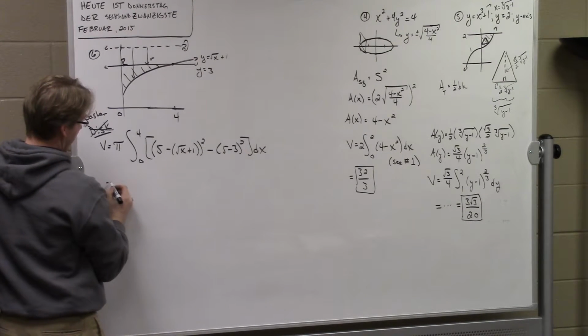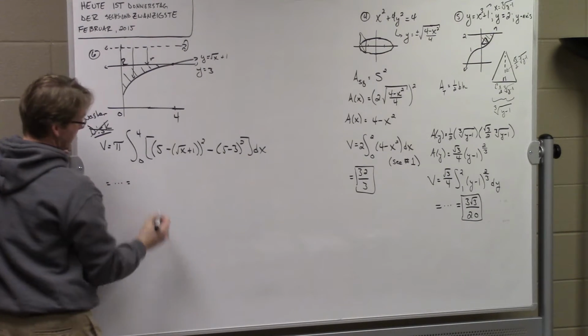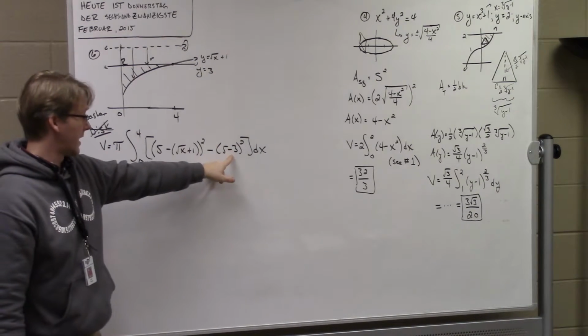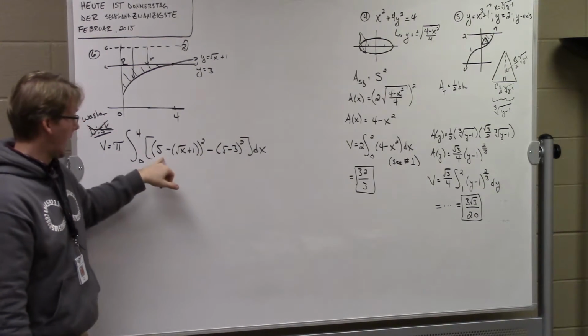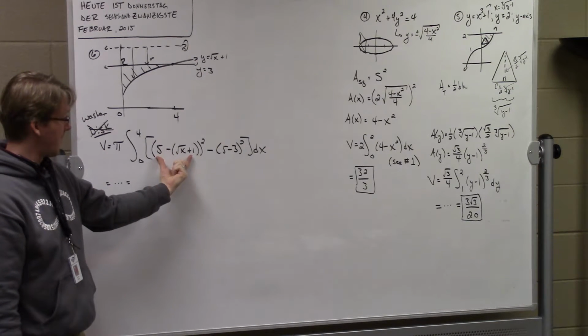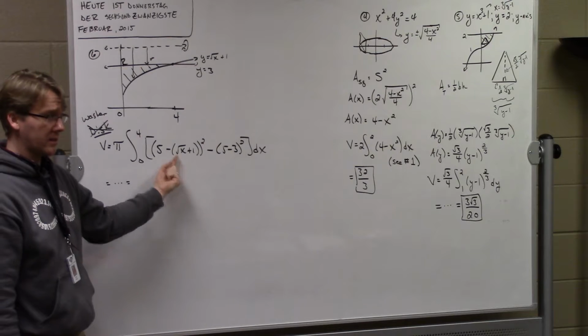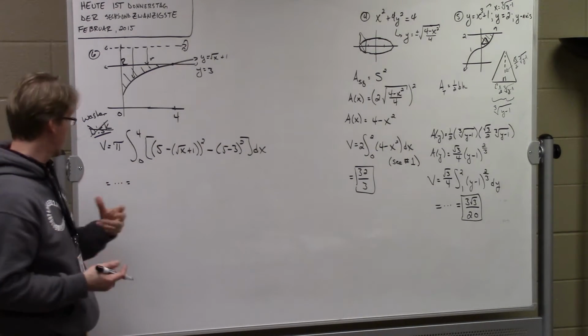Okay, go through the math. This one, if I were doing it by hand, I would go ahead and combine this and get 4 minus the root of x and then square that, makes it easier.